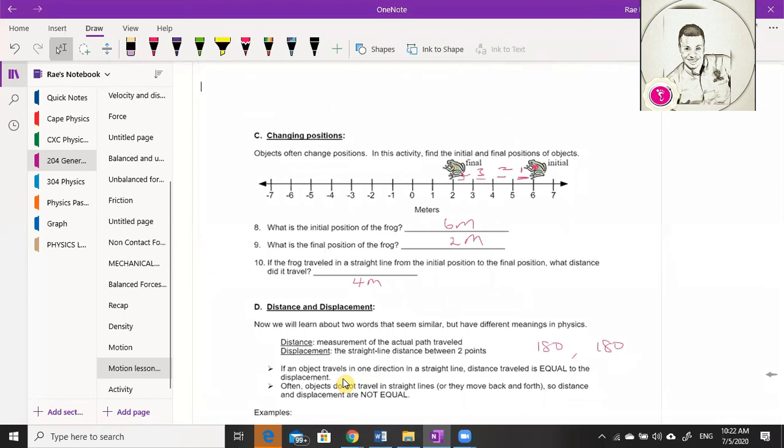In this case, how they define it here is that it is the straight line distance between 2 points. On another note, we can say that displacement is the shortest distance from the starting point to the ending point in a straight line. Good. So that's that.